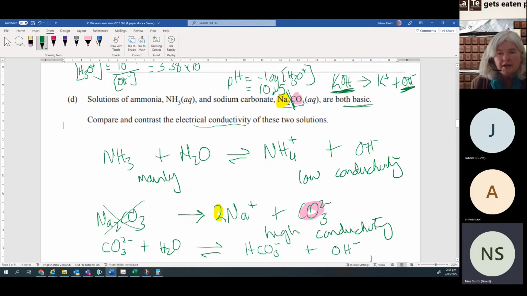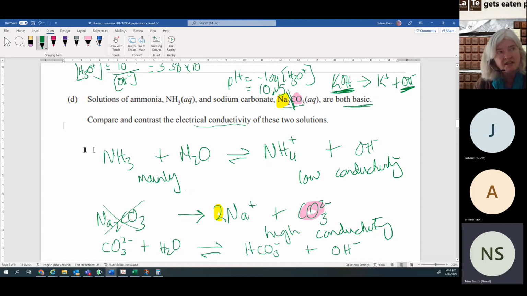I really, really, really strongly recommend that you use equations. And if you like, number your equations 1, 2, 3, and then refer to equation 1 or equation 2 in your explanation. They say a picture is 1,000 words. Equations in chemistry are like 1,000 words. Because once you've got that equation, you can see, okay, I've got mainly this present and very little of that.